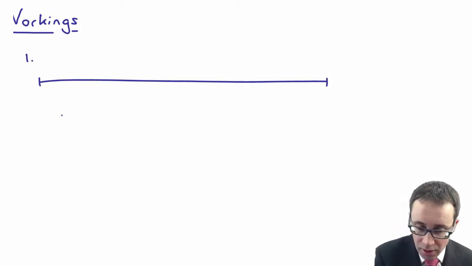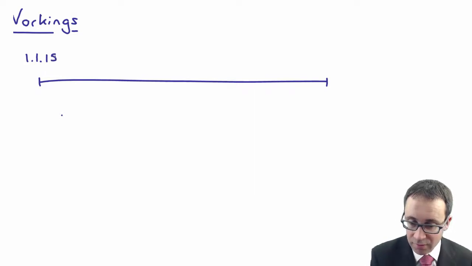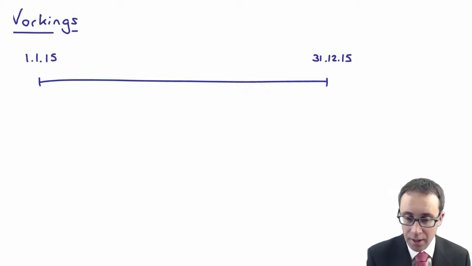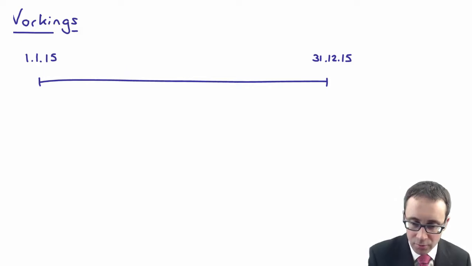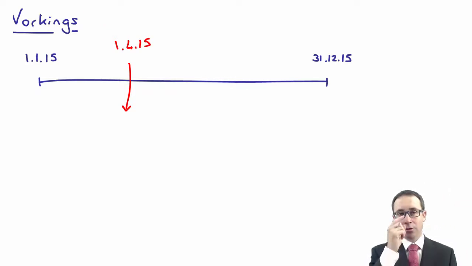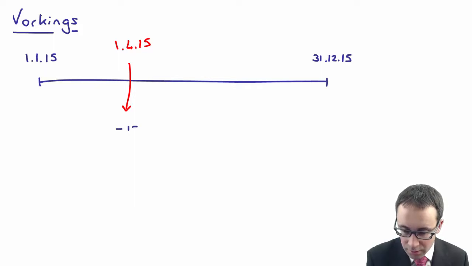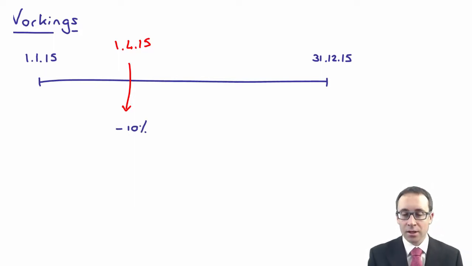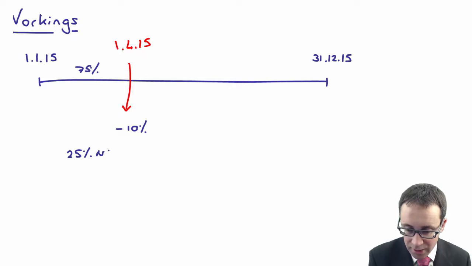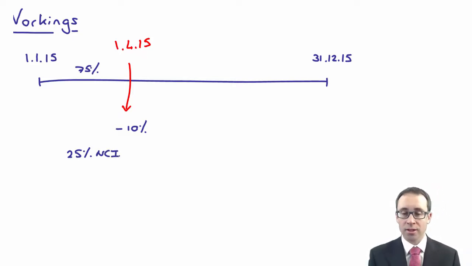We have the start of the year, the 1st of January 2015, and the end of the year, the 31st of December 2015. Part way through the year, on the 1st of April 2015, there was a disposal of 10%. Previously we had a 75% owned subsidiary with a 25% non-controlling interest.